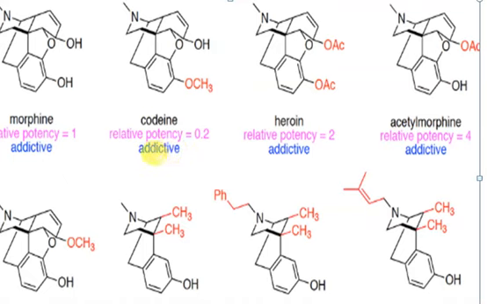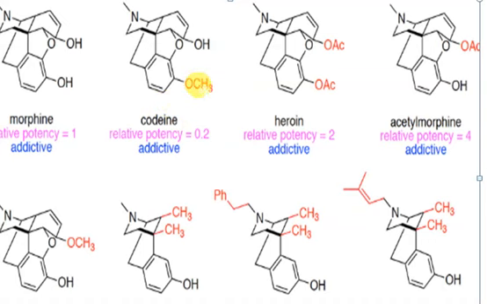However, this codeine is still addictive, right? So it means that we must have a hydroxyl here, because if we convert this hydroxyl into something else, then the activity decreases, right? We want this morphine to be a painkiller, but we just don't want it to be addictive, right? So codeine is not a suitable option.